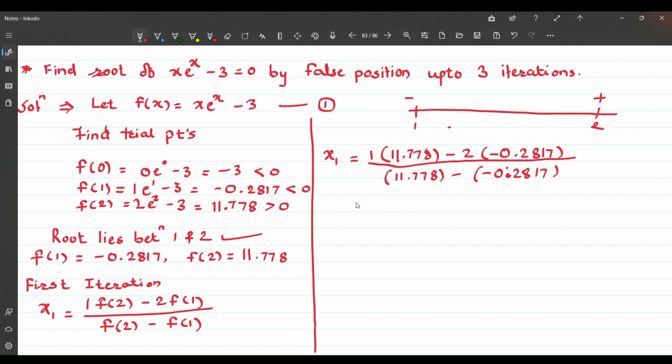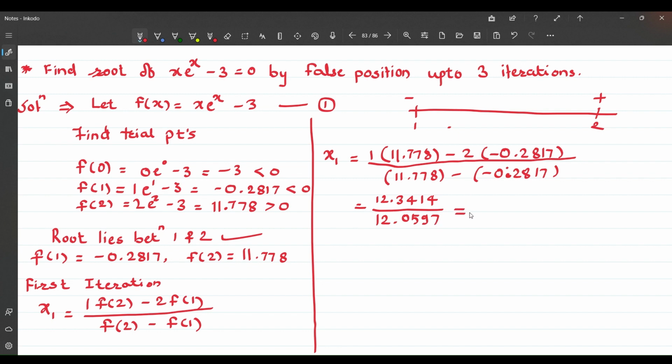You can solve the numerator separately as well as the denominator separately. I will solve the numerator: 11.778 minus 2 into minus 0.2817 is 12.3414. The denominator is 11.778 minus minus 0.2817, which is 12.0597.